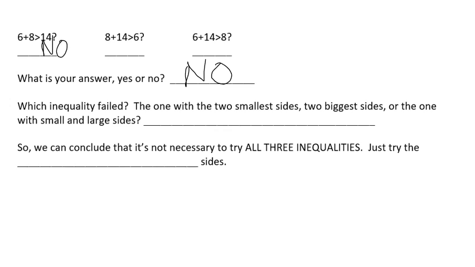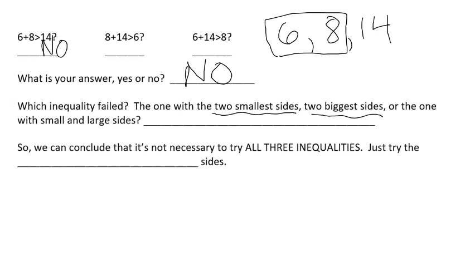Now, which one failed? It was the 6 and the 8 that failed. Was it the one with the two smallest sides, the two bigger sides, or the one with the small and the large? If you think about our three numbers, it was the two small sides that failed.